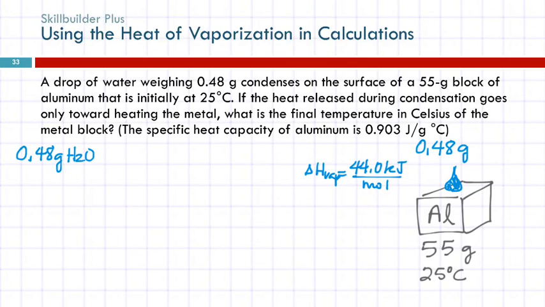To calculate the amount of energy that's released, we're going to have to go from grams to what? Kilojoules. But can we go directly to kilojoules? We need to go to moles first. So we want to get to moles of water, and then we can get kilojoules. So we'll have moles down here and grams down there.